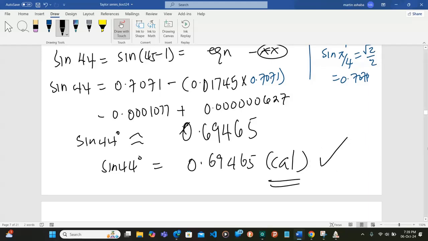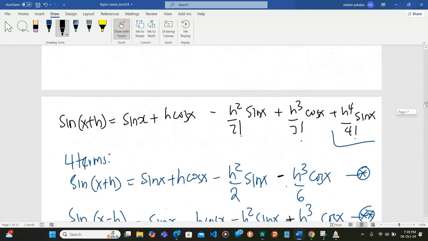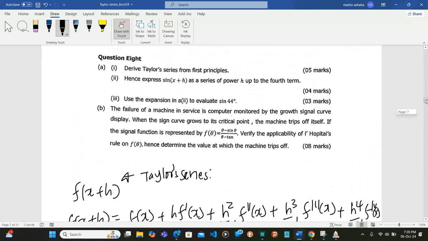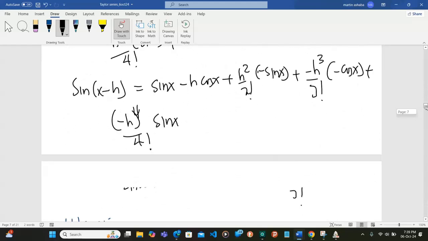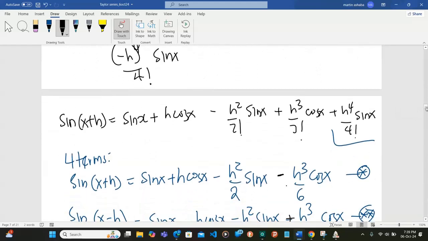So that's all that we needed. We were first told to express the sine of x plus h as a series of powers of h up to the fourth term. And that's what we did up to here.